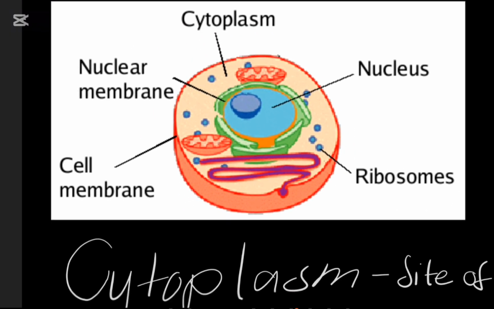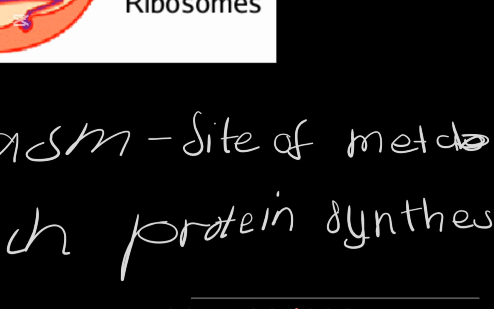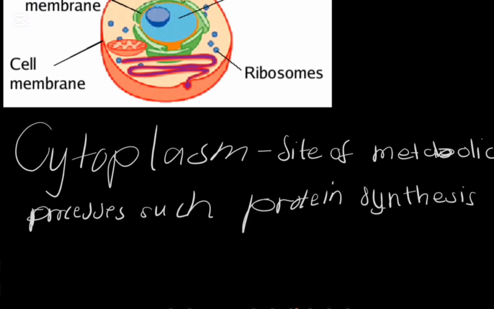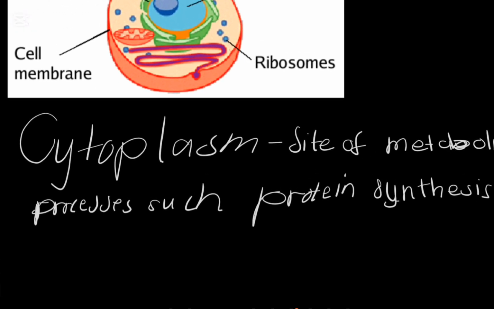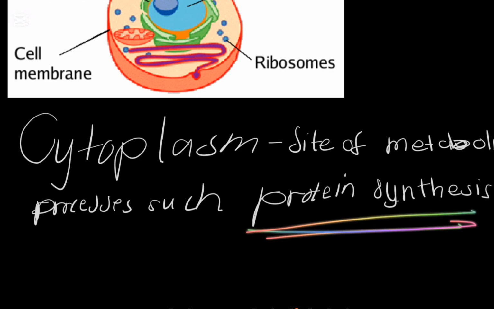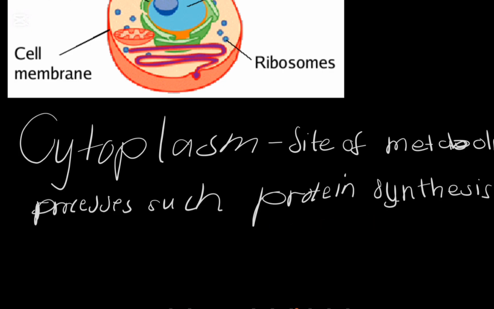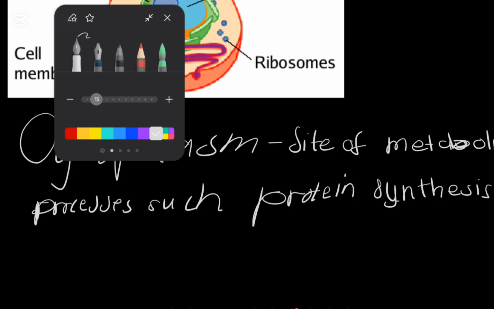So our cytoplasm, aside from housing organelles, is also the site of metabolic processes such as protein synthesis, which is going to be very relevant to us grade 12s. So metabolic is just a fancy word for bodily processes.